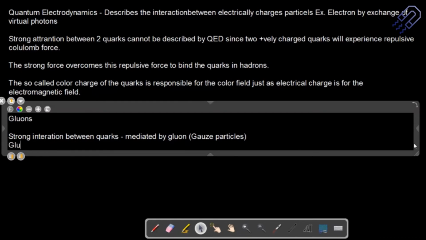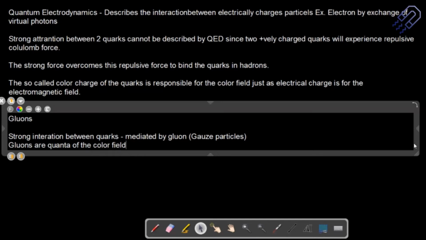So these gluons, we can say, are quanta of the color field. Continuing the above discussion, gluons are the quanta of the color field.